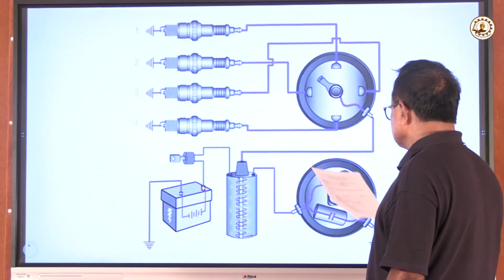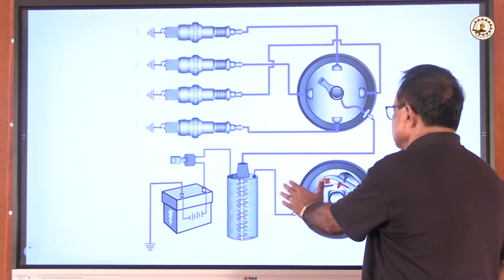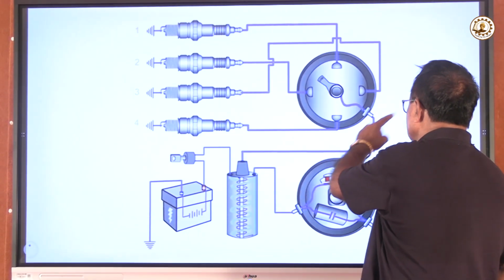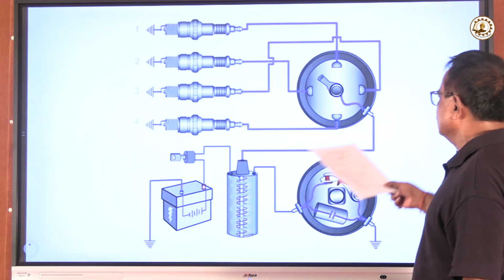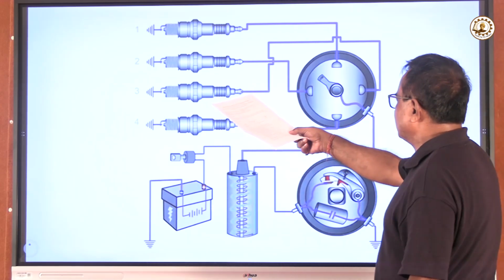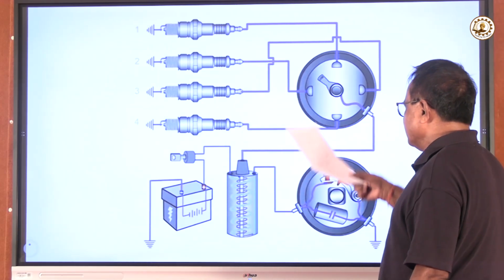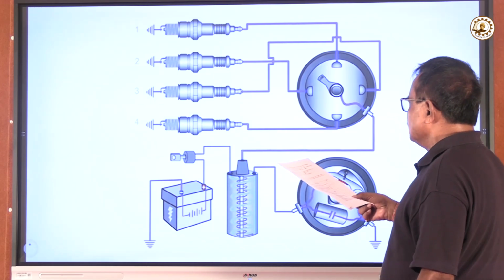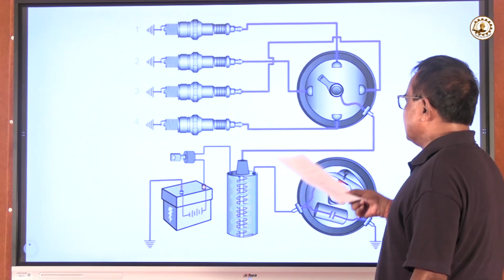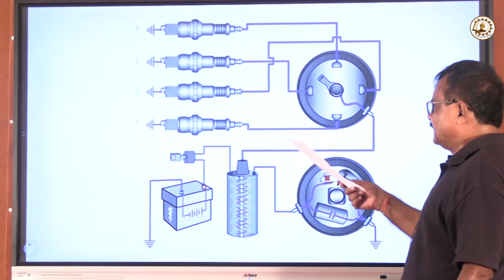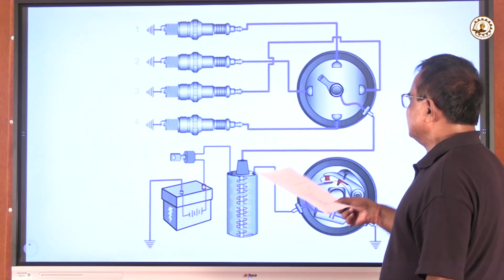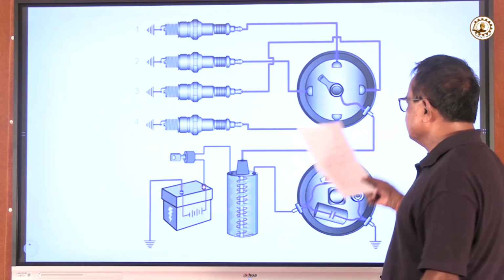When this cutout cuts the primary voltage, it generates 22,000 volt in the secondary coil, which goes to all the spark plugs as per their requirement, and the fuel gets ignited, flame propagation is done, and we get the power stroke and the engine runs. So this is the main thing.